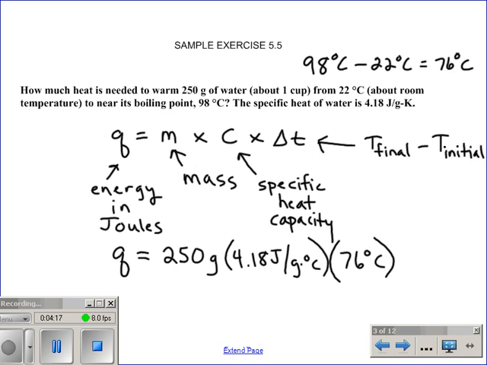Now we just multiply these 3 things together. When we do that, you'll notice that the mass cancels, degrees Celsius will cancel, and we're going to be left with joules of energy, and that's what we want. And it ends up being, whoops, not 75.2, my bad.